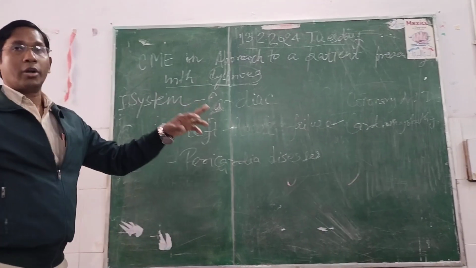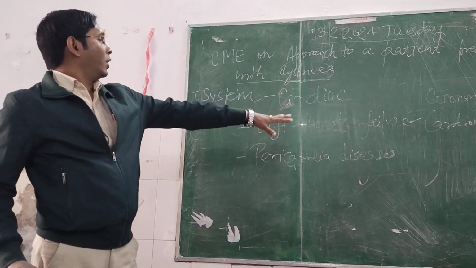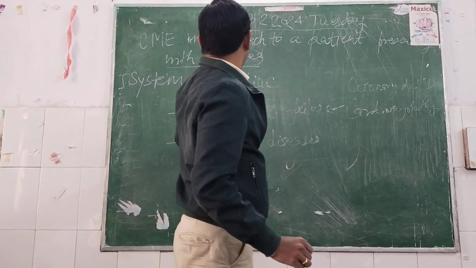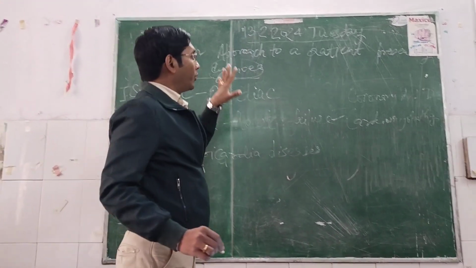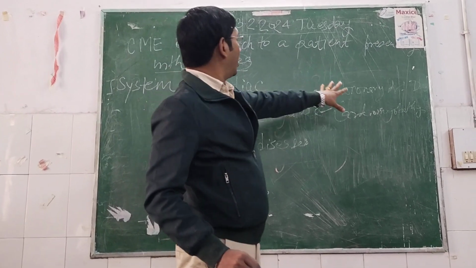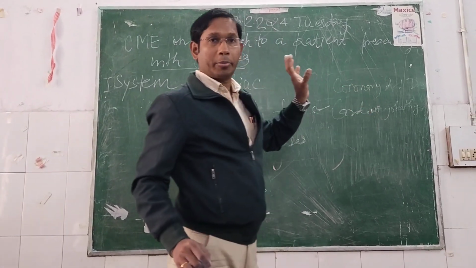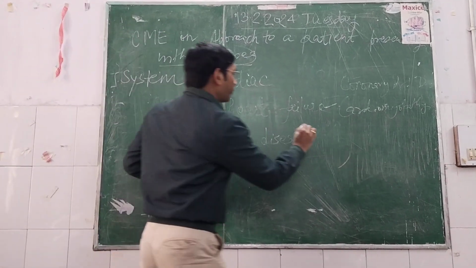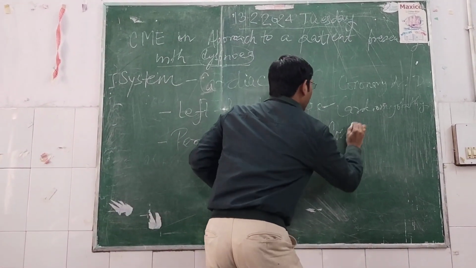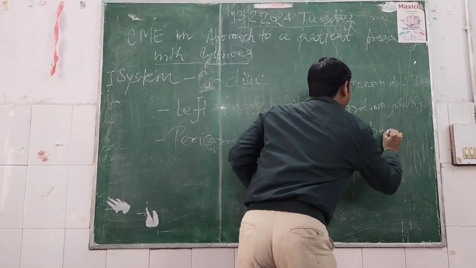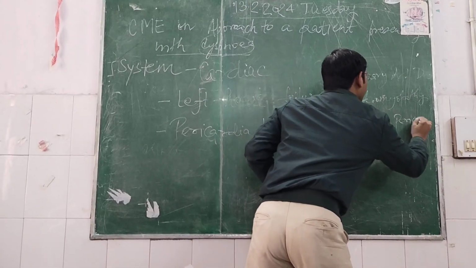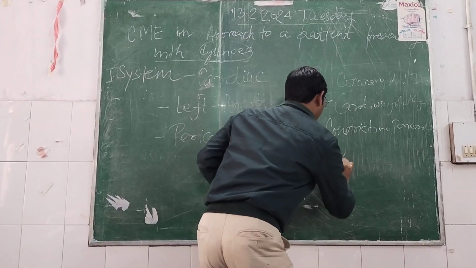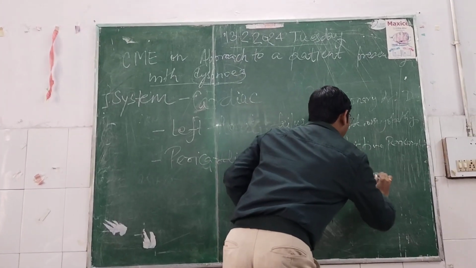These are the conditions which create the process of left heart failure. And for pericardial diseases, the example will be constrictive pericarditis, and cardiac tamponade.